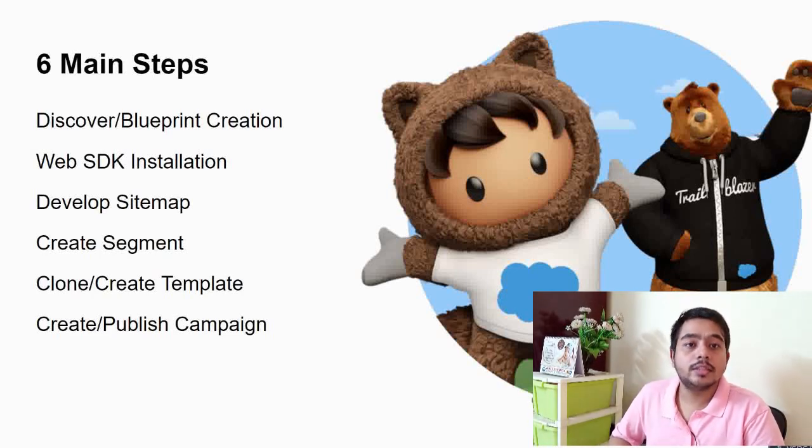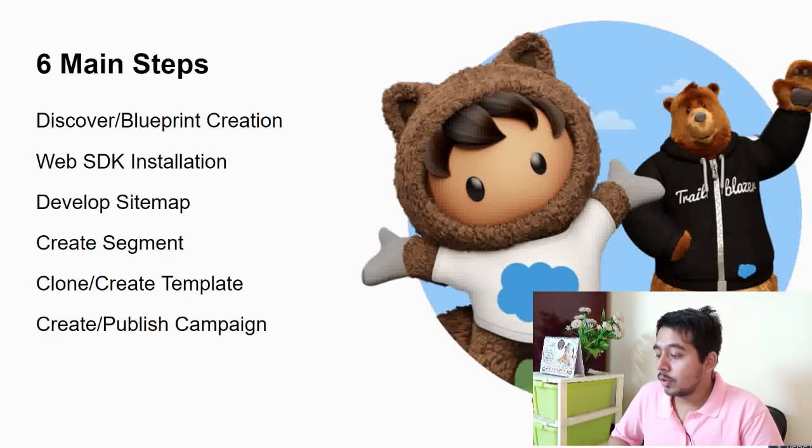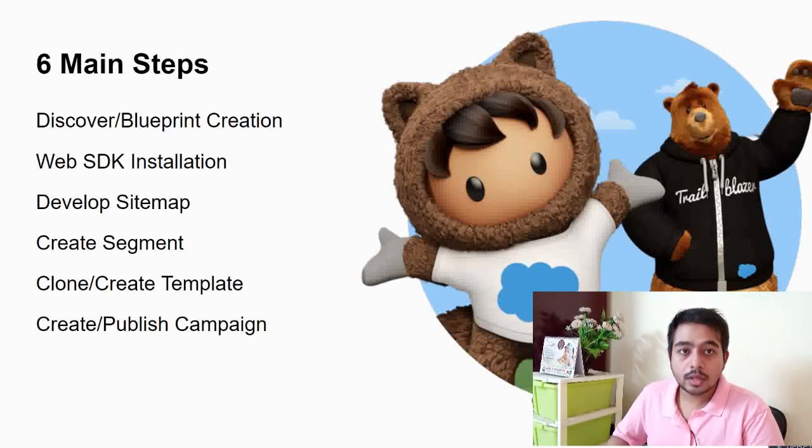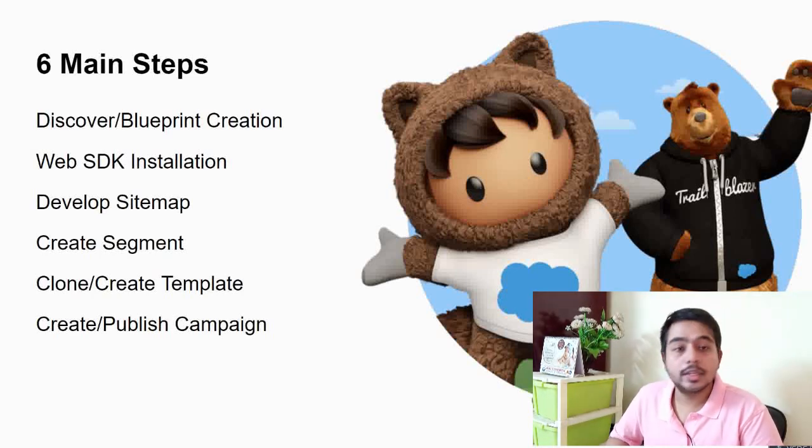These are the sections where the ads will be displayed. Once that is done, the third step is developing the sitemap JS. We will look at the sitemap.js in the upcoming slides. We will define the page types, the content zones, and there will be listeners.